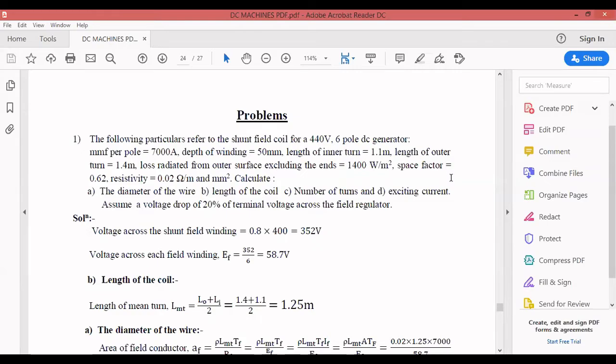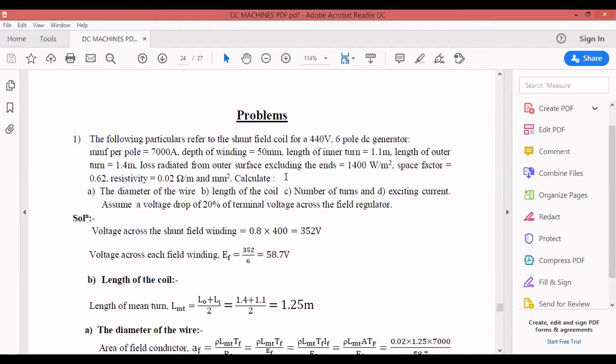Then once again, space factor is 0.62. Space factor is SF. Resistivity is rho, 0.02 ohm per meter and mm square. So resistivity is nothing but rho L by A, and this will be the unit, ohm per meter and mm square.